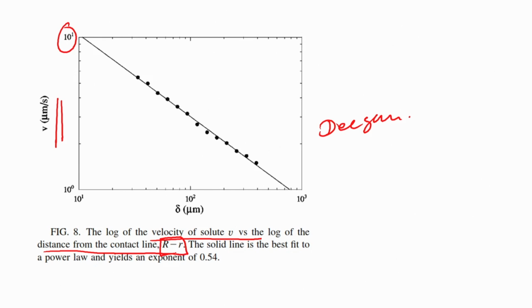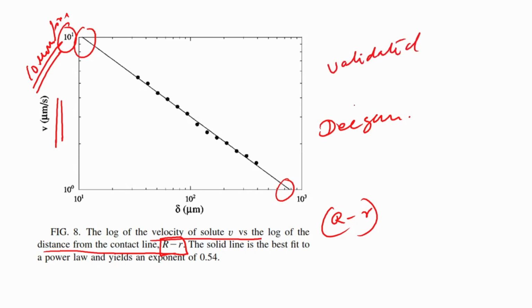As you can see, when R minus r goes to very low values, you have a very high velocity, and this will progressively go down. The velocity is of the order of 10 microns per second. This has also been validated by numerous groups including ours, by micro-PIV, microparticle image velocimetry measurements, which have confirmed that this is what actually happens.